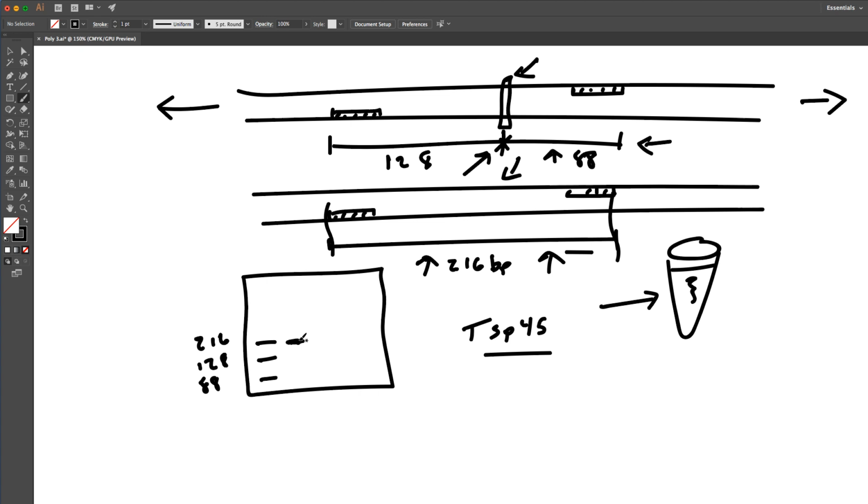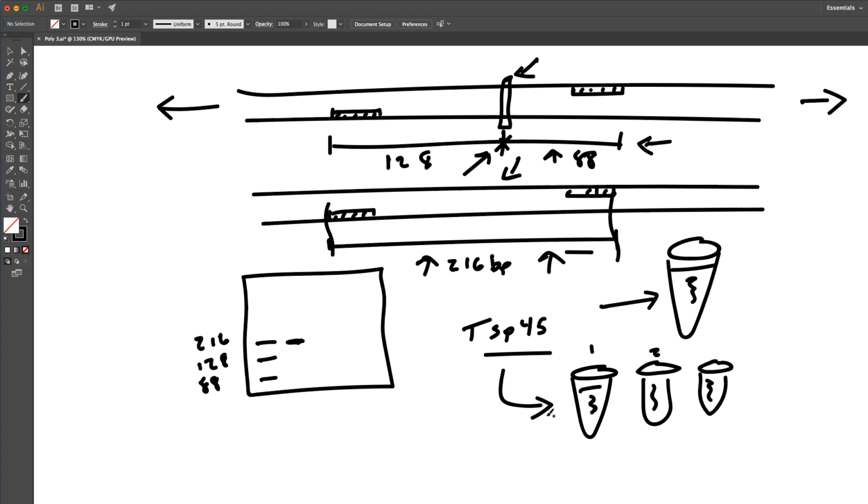And so now you can just take all of the individuals in the family that you want to test and put some cells in the test tube for each of those individuals, 1, 2, 3, and so on. After the PCR reaction, add the restriction enzyme and incubate it for an hour or so to allow the cleavage to happen. And then run the PCR reaction out in a gel.